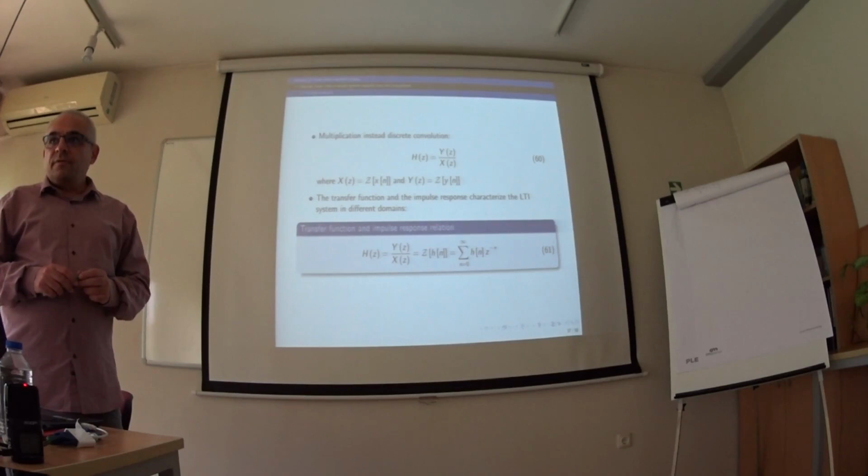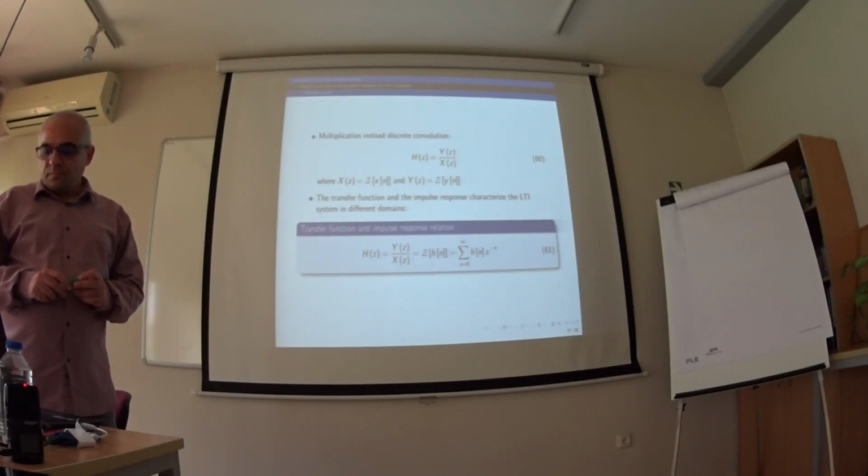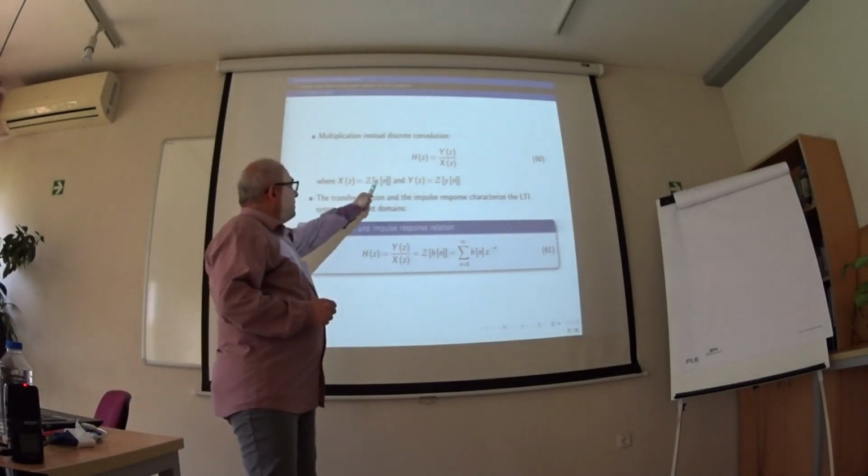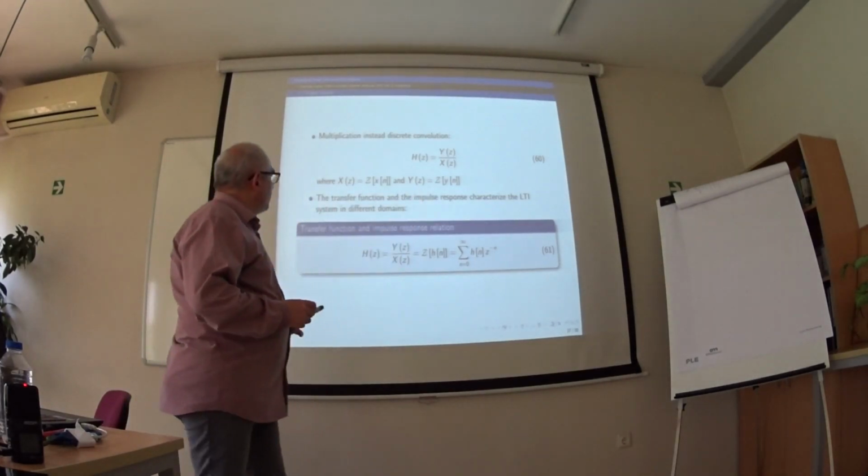And here we have transfer function Y of z over X of z, and Y and X of z are the Z transforms of x of n and y of n.